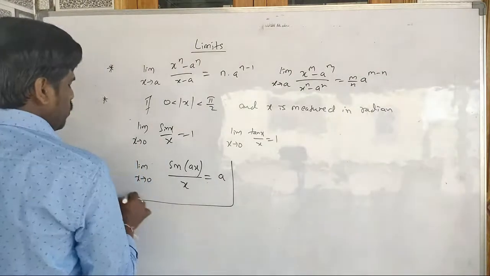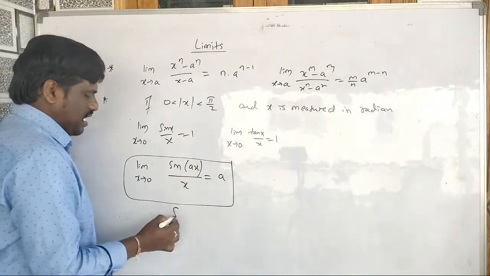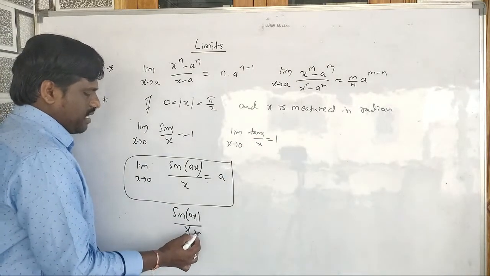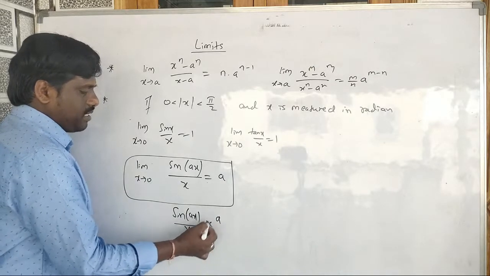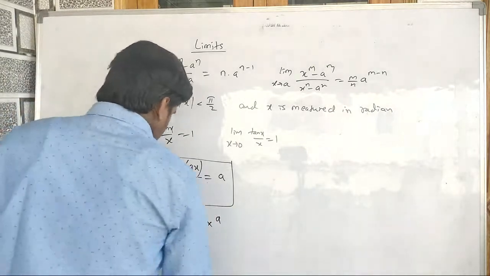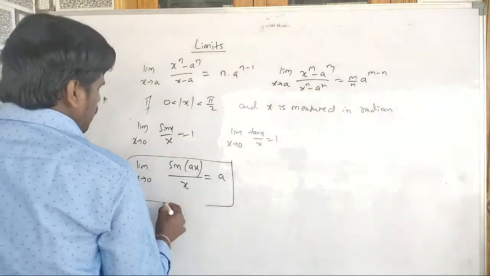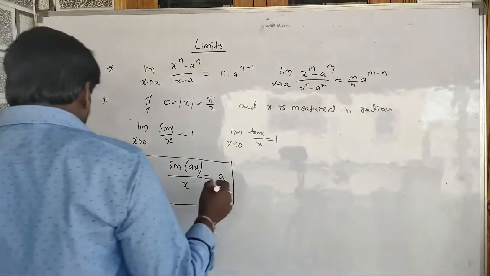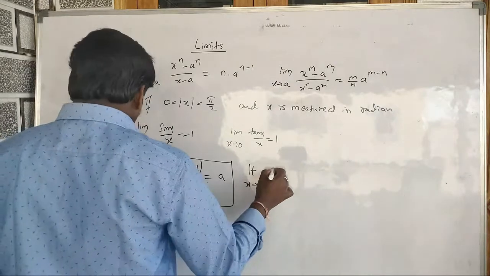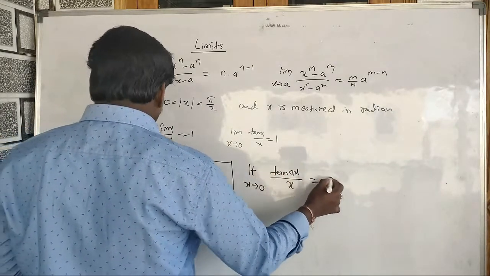The reason: multiply and divide by a, this part will be 1 and into a, so the answer is a. Likewise limit x tending to 0, tan ax by x is equal to a.